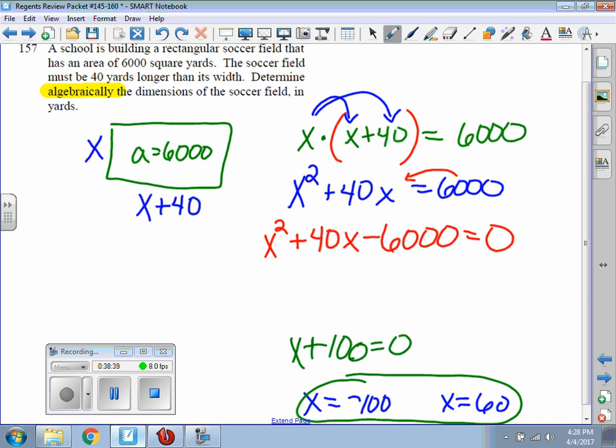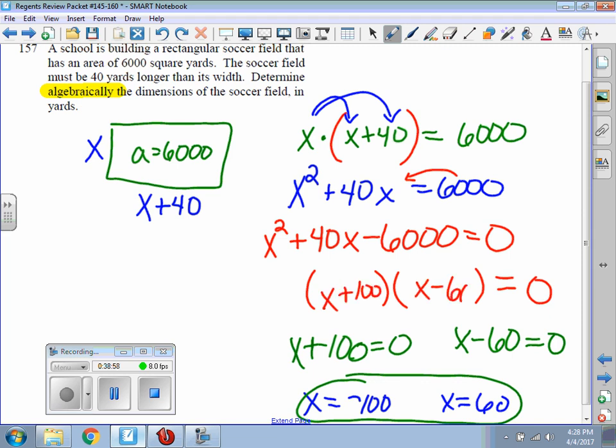If X equals 60, my binomial had a minus 60 in it. And then I can put those back together for my factored trinomial: X plus 100, X minus 60.